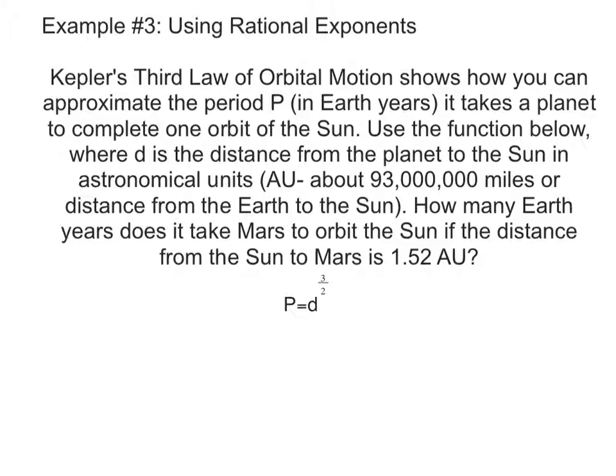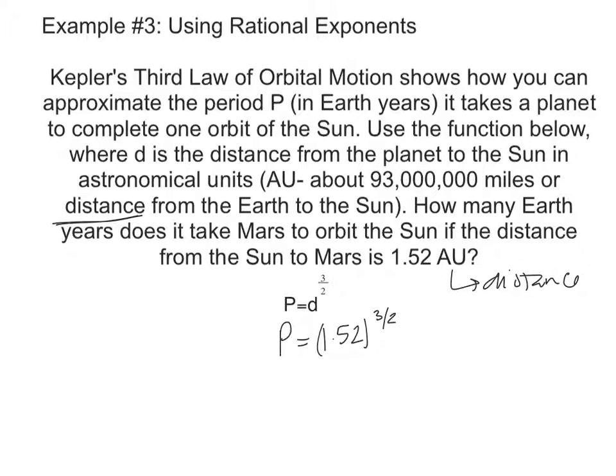So remember, AU is actually our distance, and we know that because it said it here. It's the distance from the Earth to the sun. So the 1.52 we're going to substitute as d. So P will equal 1.52 to the 3/2.